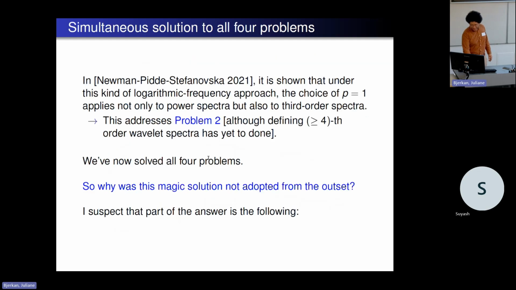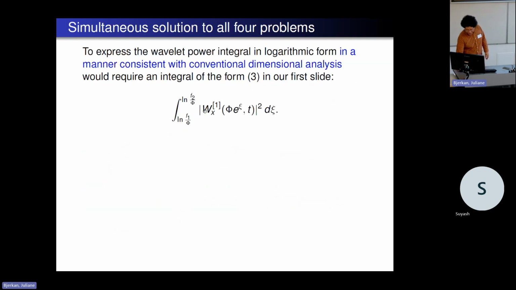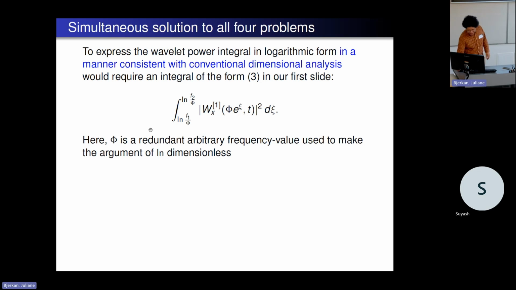In other words, it would need to look like this, where we have this extra number phi, which is the redundant arbitrary frequency value that's used to make the argument of the logarithms dimensionless. A bit like how moles per decimeter cubed were used to create dimensions of log in the definition of pH.